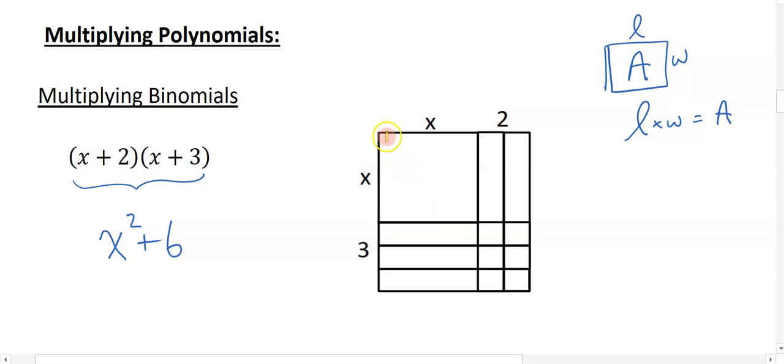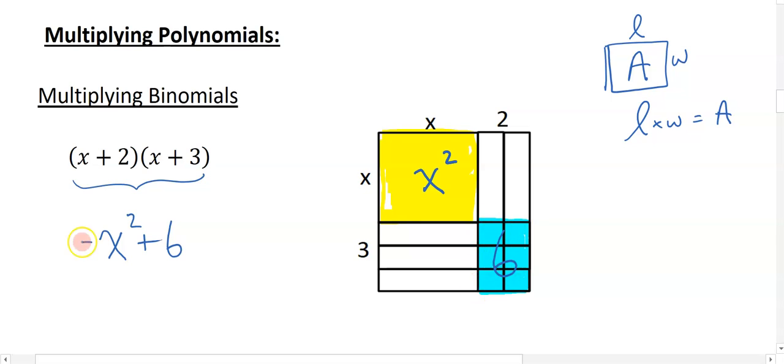So in this model, we can see that the x squared is correct because when I look at this square right here, this yellow square, we have x times x, which is x squared. And now if I look down here at the rectangle down here, we can see that I have a 2 by 3 grid, so that gives me an area of 6.